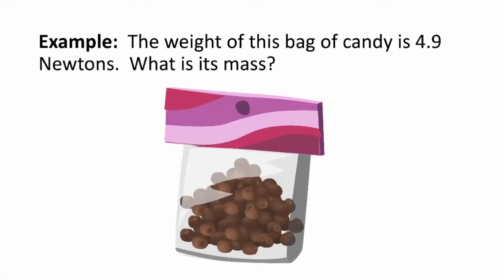The weight of this bag of candy is 4.9 newtons. What is its mass? The first thing we need to do is to set up our problem. What do we already know? Well, from the prompt we know that the force of gravity, or the weight, is 4.9 newtons.